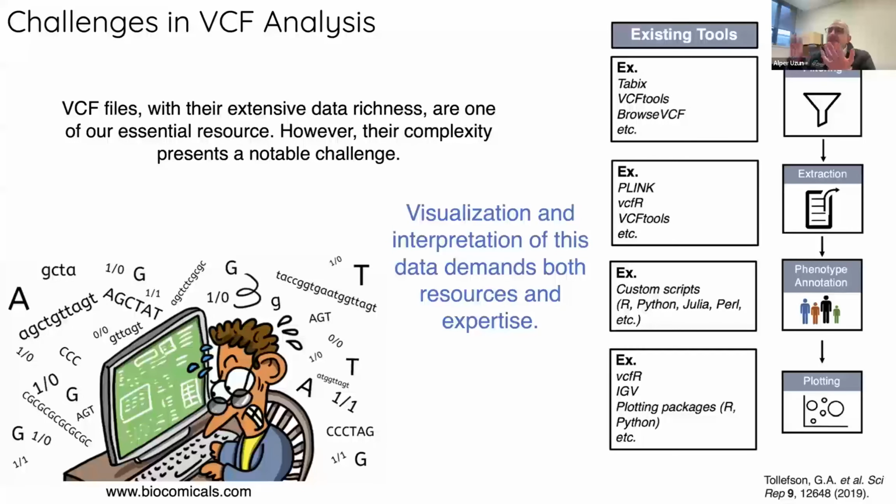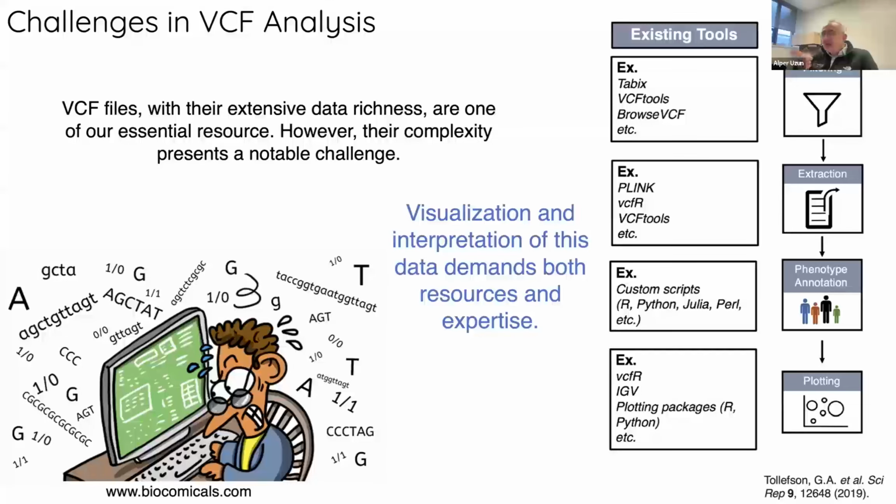Basically, there are challenges. For example, these VCF files have extensive data richness. And when you are visualizing and interpreting, the data demands different levels of associations. For example, you first need to filter and extract. You need to get the phenotype annotation information if you are interested in it. Then you are plotting. As you see, there are different tools and different steps.